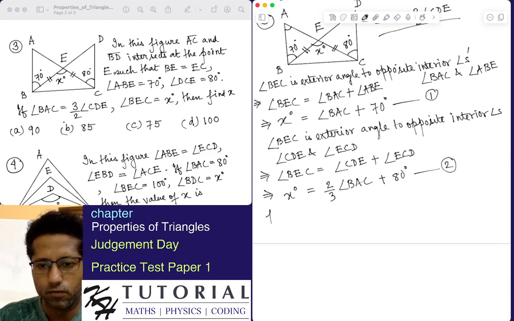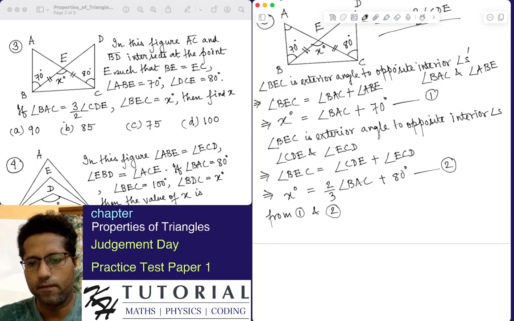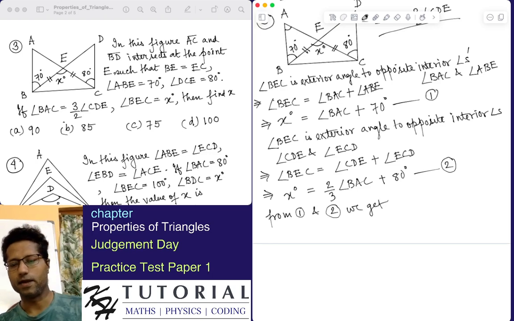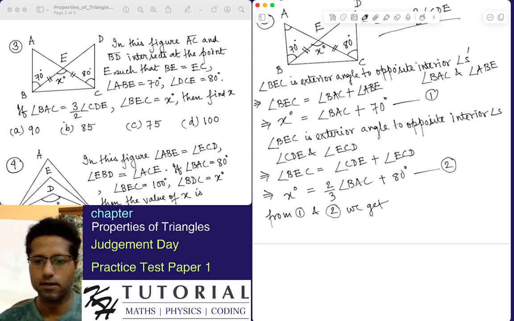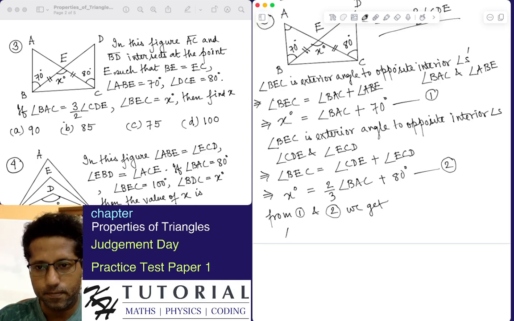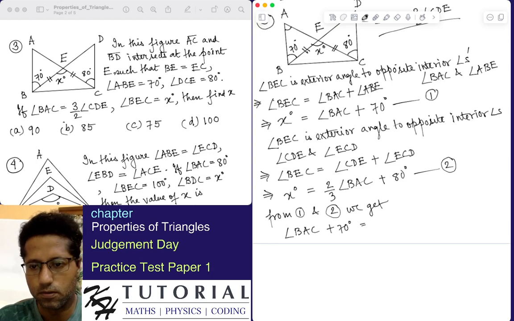Now from 1 and 2, we can equate the right hand sides of 1 and 2 because the left hand side of both equations is x degrees. So angle BAC plus 70 degrees is equal to 2 by 3 angle BAC plus 80 degrees.